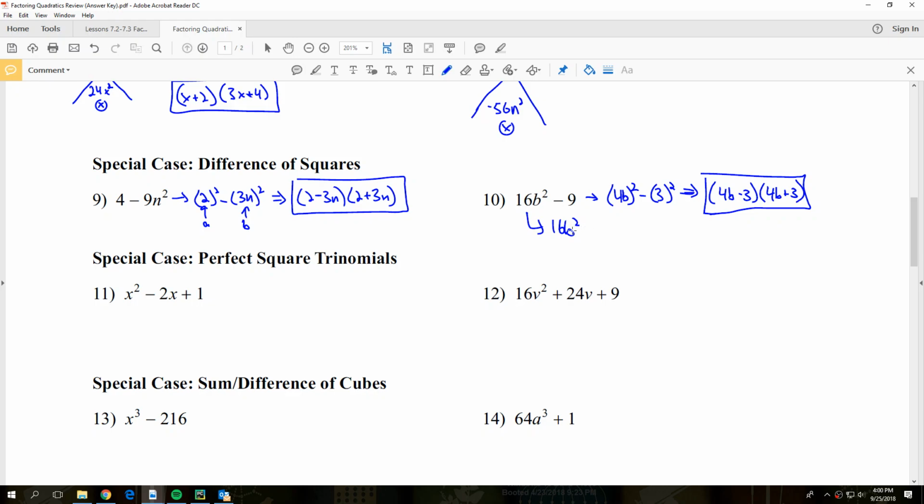Well, hang on a second, technically there is. You could say plus 0 times b. Isn't that the middle term, 0 times b, and then minus 9? Then you could go ahead and do the x method. It should work identically. So you can always rely on that x method.